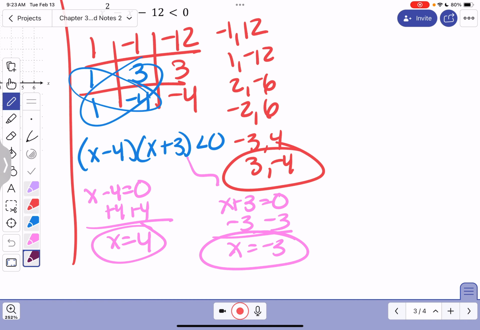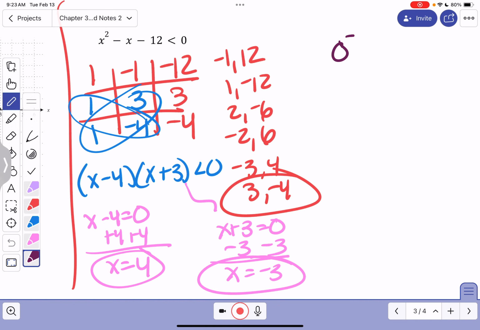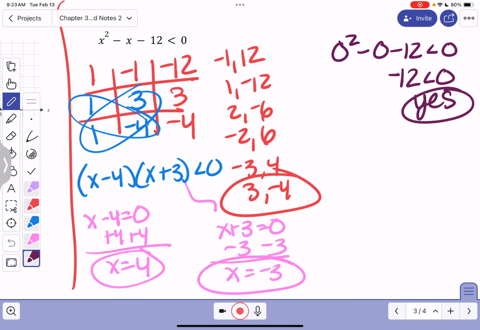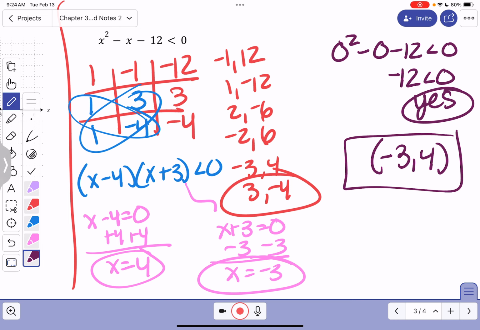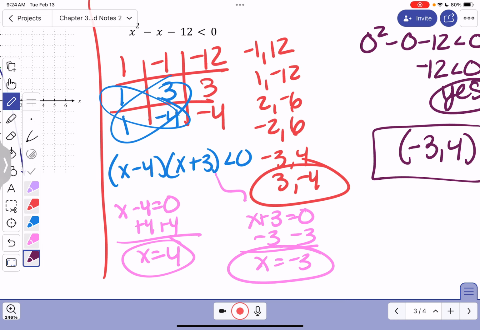So I'm going to test 0 and I'm going to plug it in. 0 squared minus 0 minus 12 equals -12. And is -12 less than 0? Yes. So just like we did with the absolute value, we're going to say from -3 to 4 is less than 0. If we had gotten no, we would write the 2 just like before.